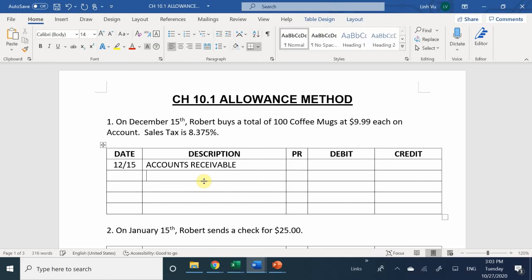Good. So it's still a sale, and sales tax, for the credit columns. The total sale is $999, so the sale is in the credit column, $999.